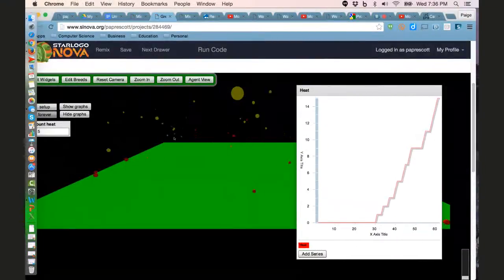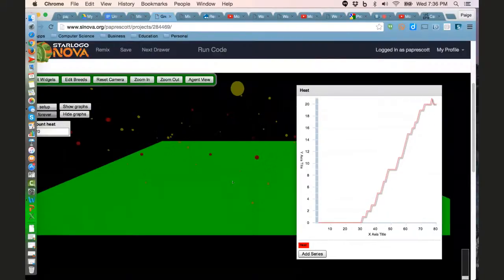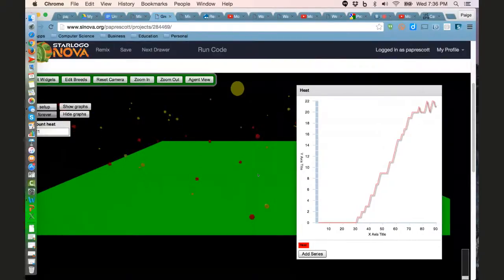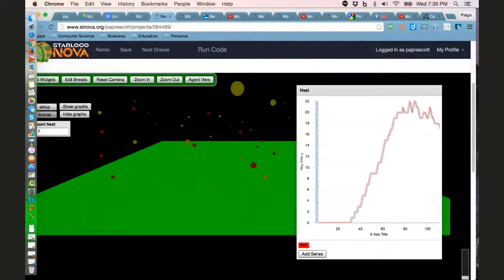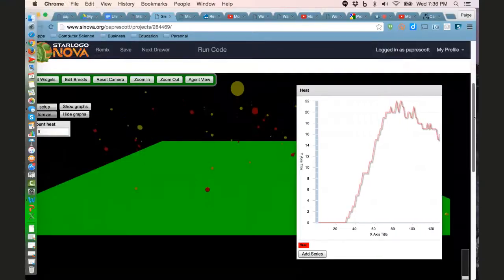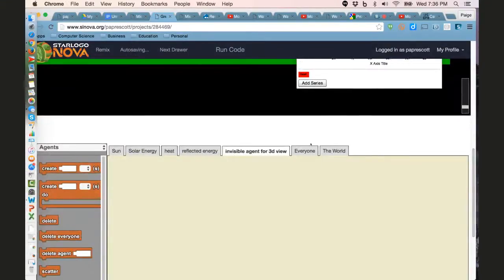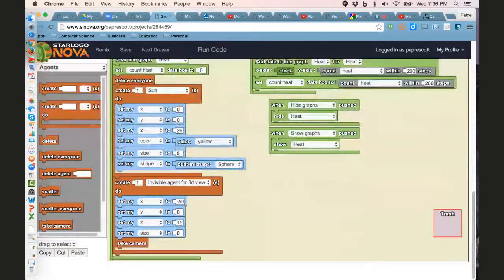You can see it really is fun to look at with the radiation coming down, and then you have the infrared, the heat being transmitted back or being absorbed. So what that looks like is we have the Take Camera.